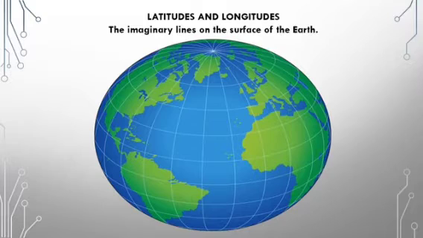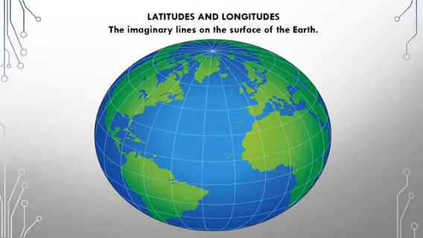Along with equator and prime meridian, there are so many other imaginary lines drawn on the surface of the earth. These imaginary lines are called latitudes and longitudes. I'll repeat, the imaginary lines on the surface of the earth are called latitudes and longitudes.